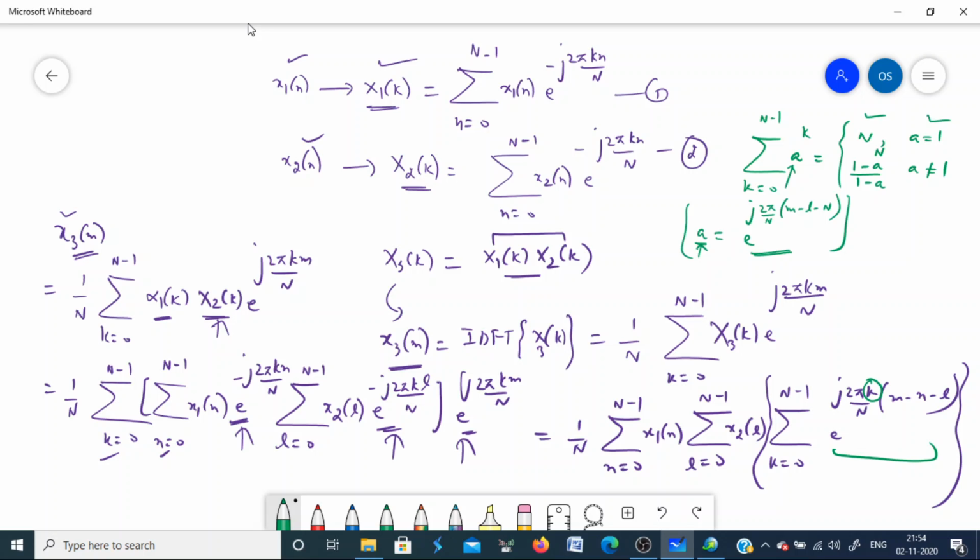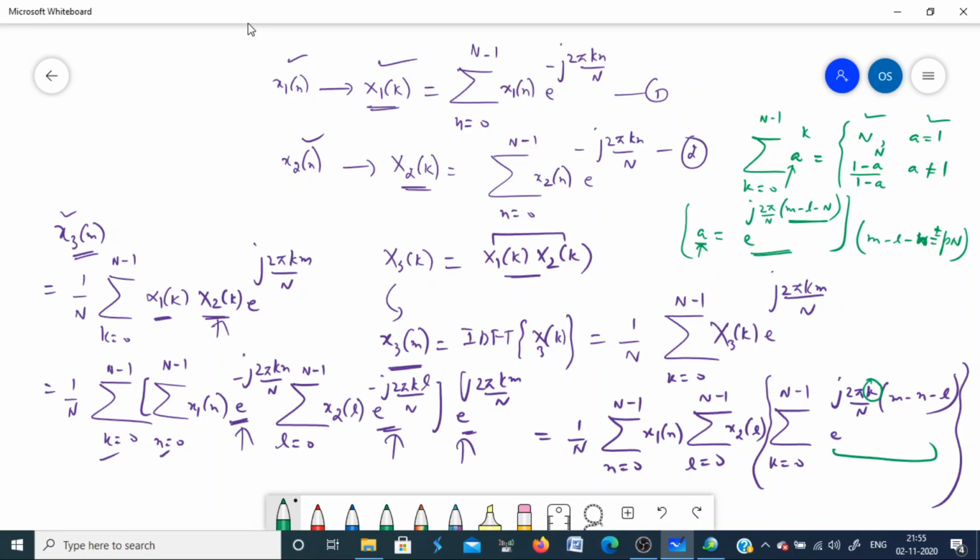Now a will be 1 if m minus l minus small n is a multiple of n. You can take both plus and minus values.